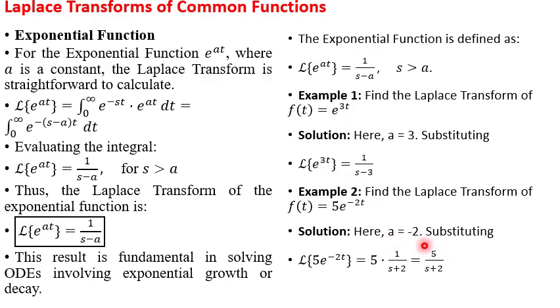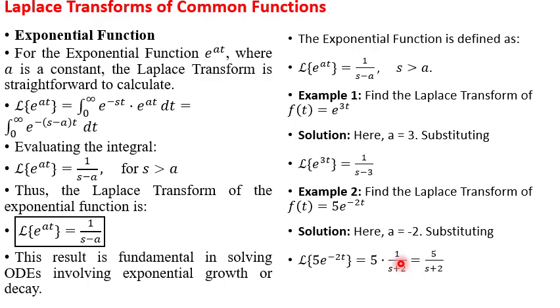And when we substitute minus 2 for a in this equation, it becomes easy to determine the Laplace transform of 5 exponential minus 2t. That basically gives us 5 multiplied by 1 all over s minus minus 2.